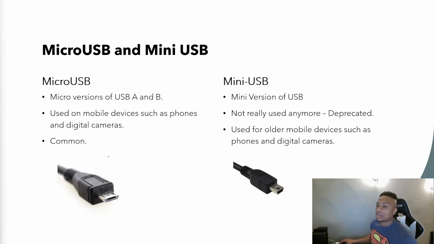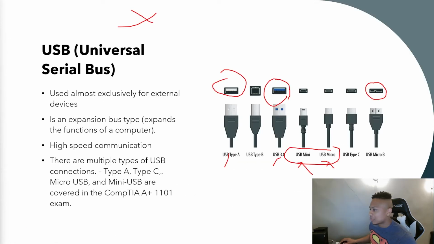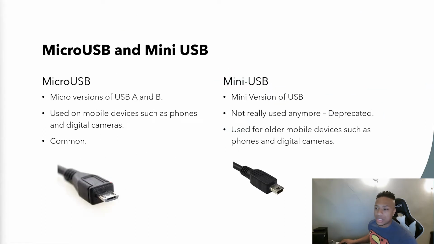So, micro USB and mini USB. Micro USB are just micro versions of USB A and B. If we go to this chart here, we can see USB micro B. This is just a micro version of that weird connector that I showed you. And USB micro A is just a micro version of this. Micro USB is common, by the way, and is used on mobile devices such as phones and digital cameras.